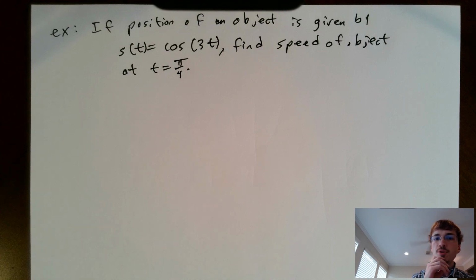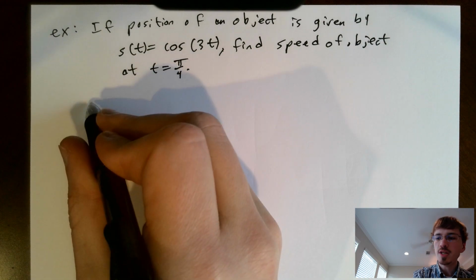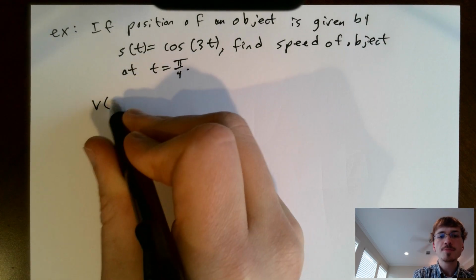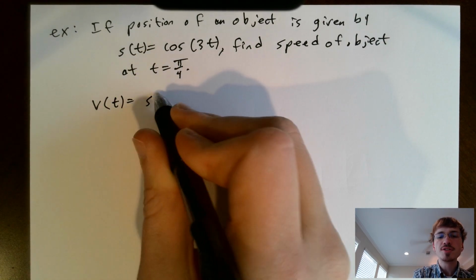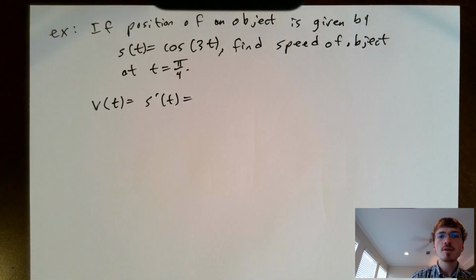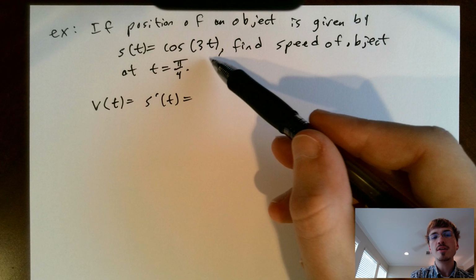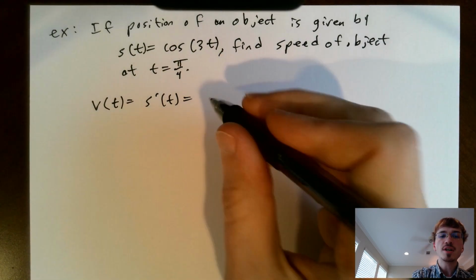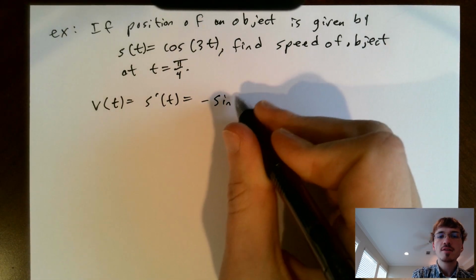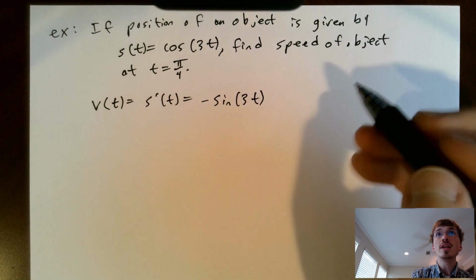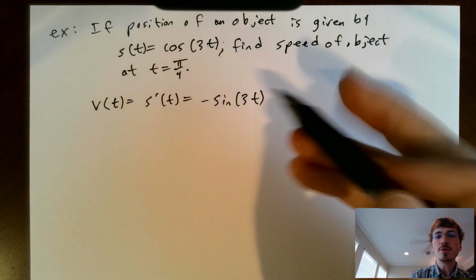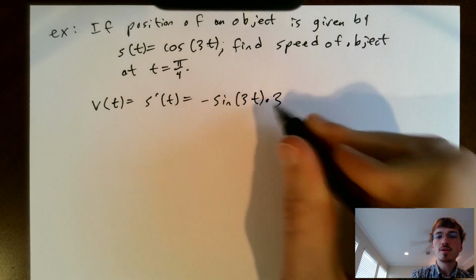Okay, so to compute the speed, first and foremost, we need the velocity function, right? The velocity function is, of course, s prime of t. To take the derivative of s of t, I know the derivative of cosine is negative sine of 3t. Now we need the chain rule to multiply by the derivative of what's inside, which is 3.